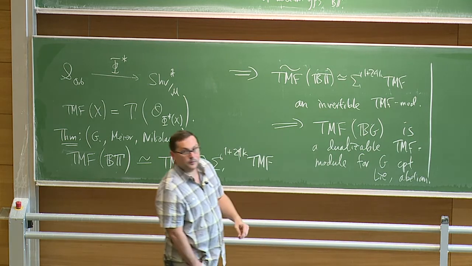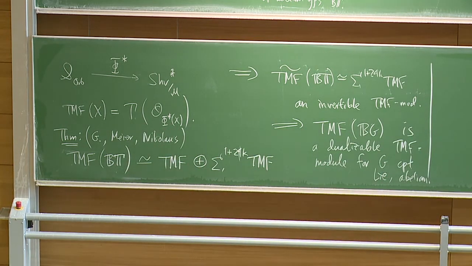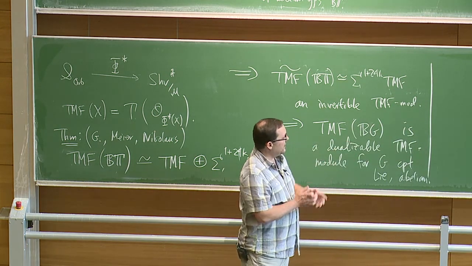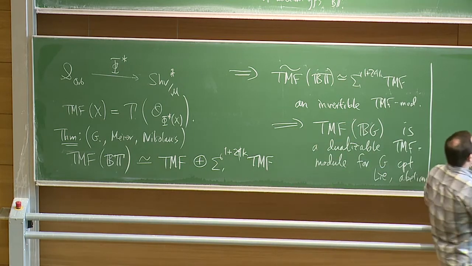That's not hard. But now the question of what happens to non-abelian groups comes up, and this is really the harder question. We already know that K-theory has transfers for finite non-abelian groups, but TMF has more.